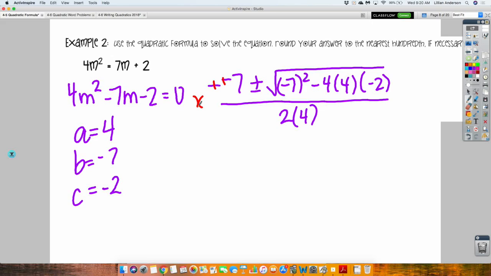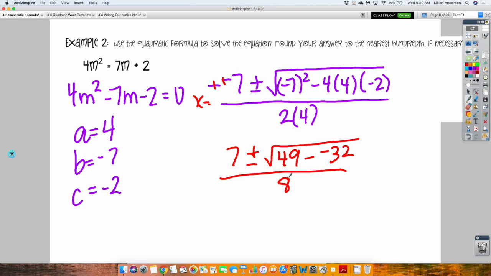So that's really 7 plus or minus, negative 7 squared is 49. This first number underneath the square root will always be positive, no matter what b is. Okay? Minus a negative 32 all over 8. 2 negatives make a positive, so this becomes 7 plus or minus the square root of what number?